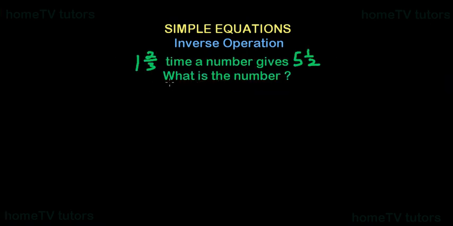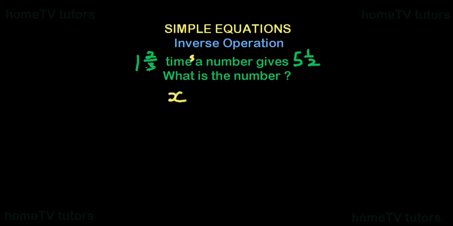The final example, we have 1 odd number 2 over 3 times a number gives 5 odd number 1 over 2. What is the number? Let the unknown number be x.